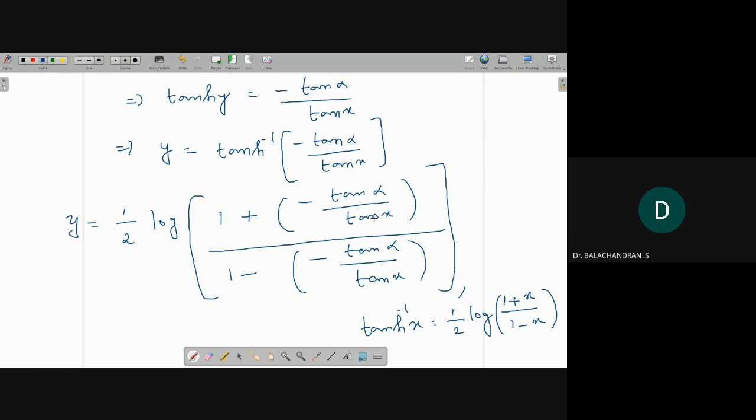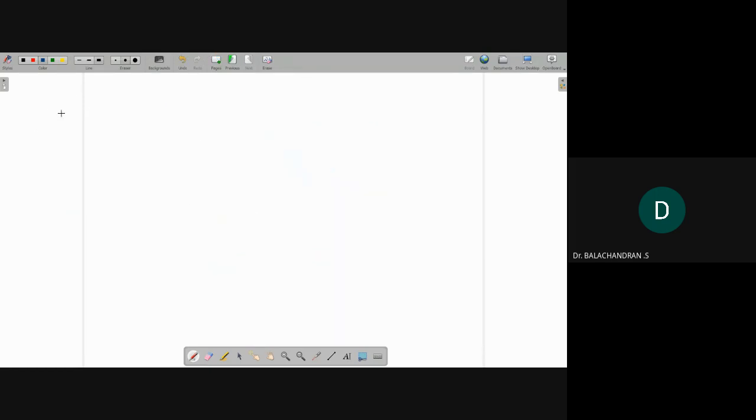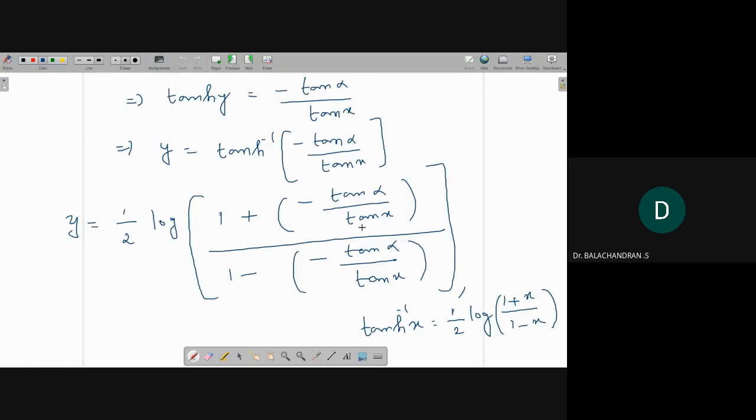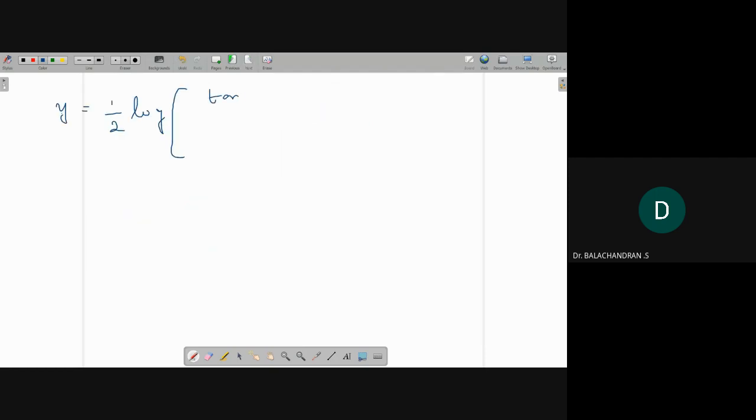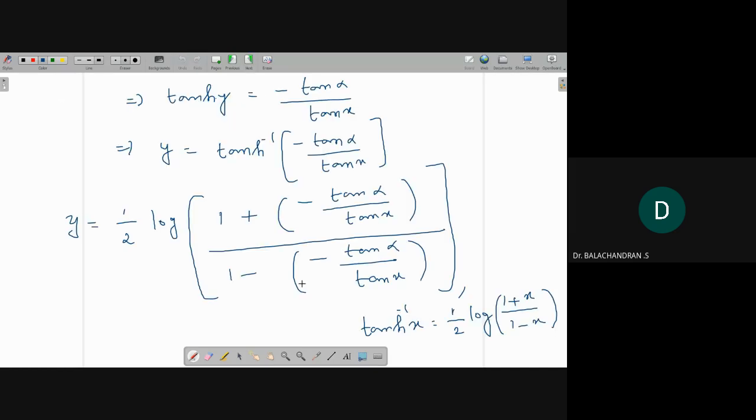After taking tan x as LCM, we can cancel tan x. So please check it: y equals half log, the numerator is tan x minus tan alpha divided by tan x plus tan alpha.